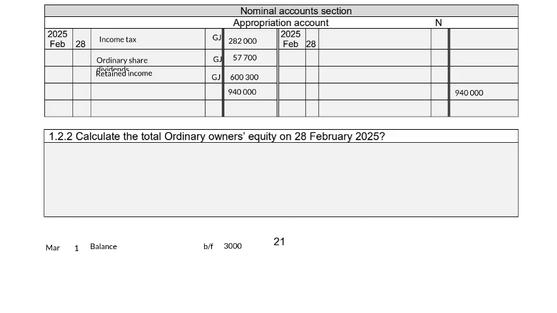So we know our profit and loss account is 940,000. Also the general journal.